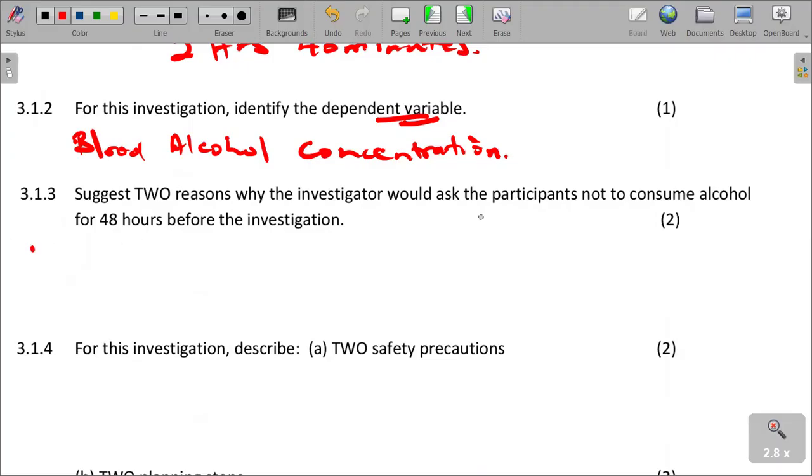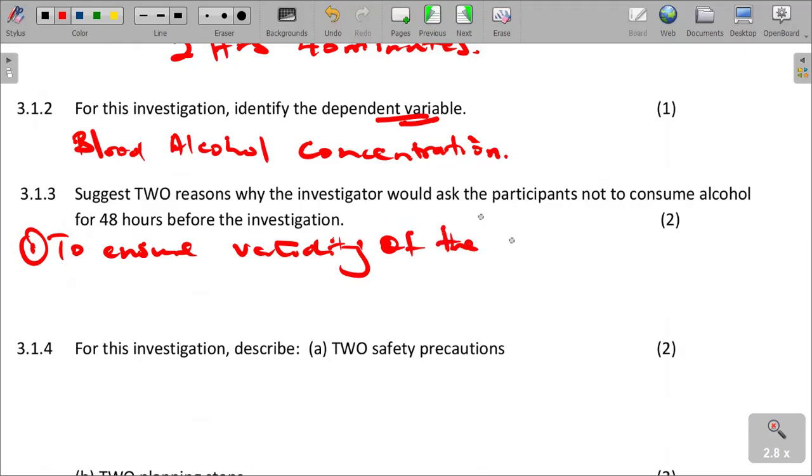So, one, to ensure validity of the investigation.